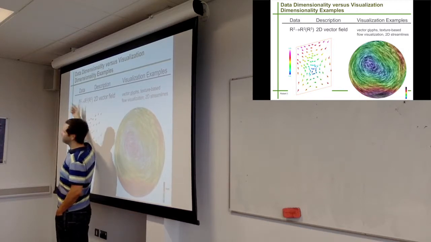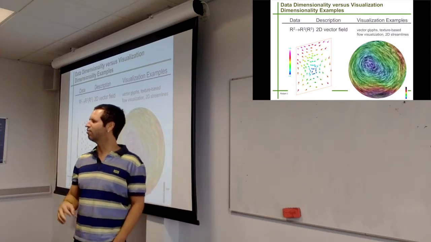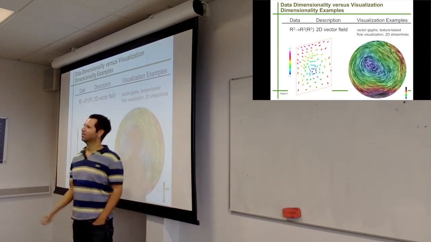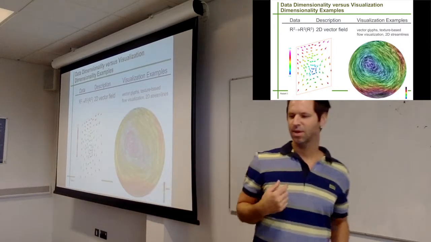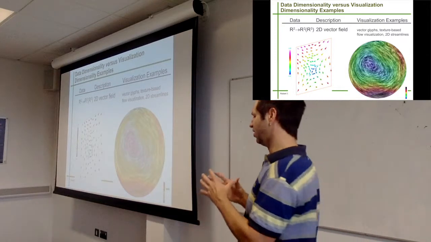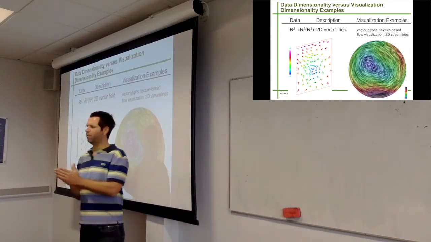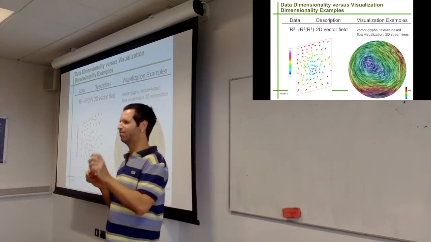For example, 1D numbers can get mapped onto a 2D space. 2D numbers can get mapped onto a 3D space. 3D numbers can get mapped onto a 2D space, and we're going over examples. So the message is the data has a dimensionality, the visual mapping or the visualization has a dimensionality, and they don't have to be the same.